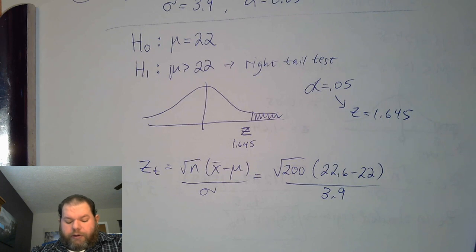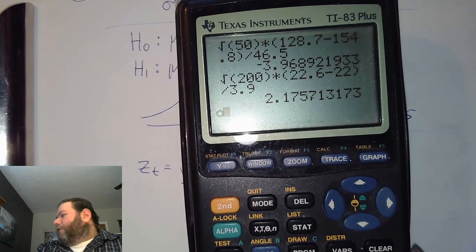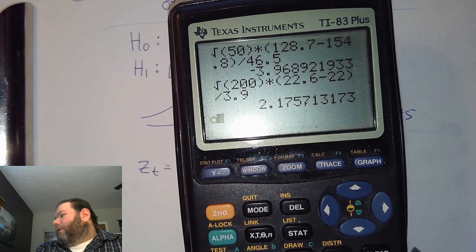So we enter that into the calculator. Divide by 3.9. And so we get a value of 2.18.